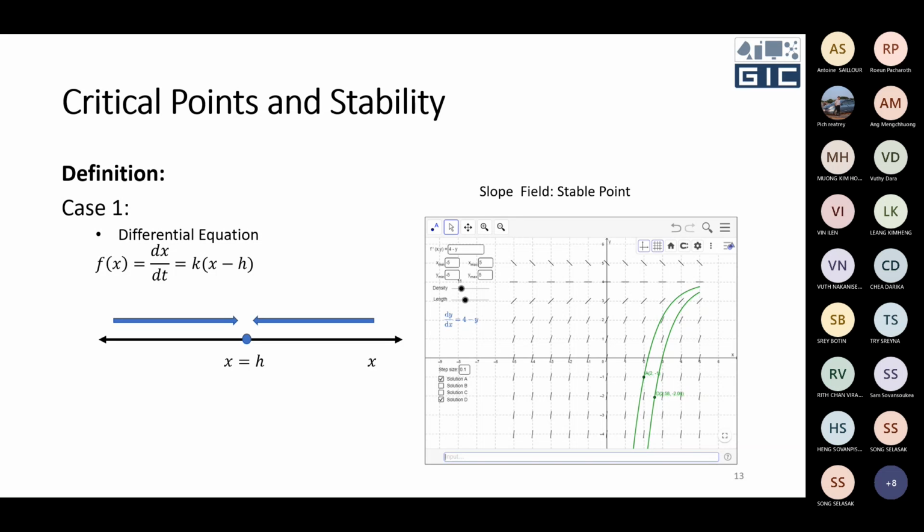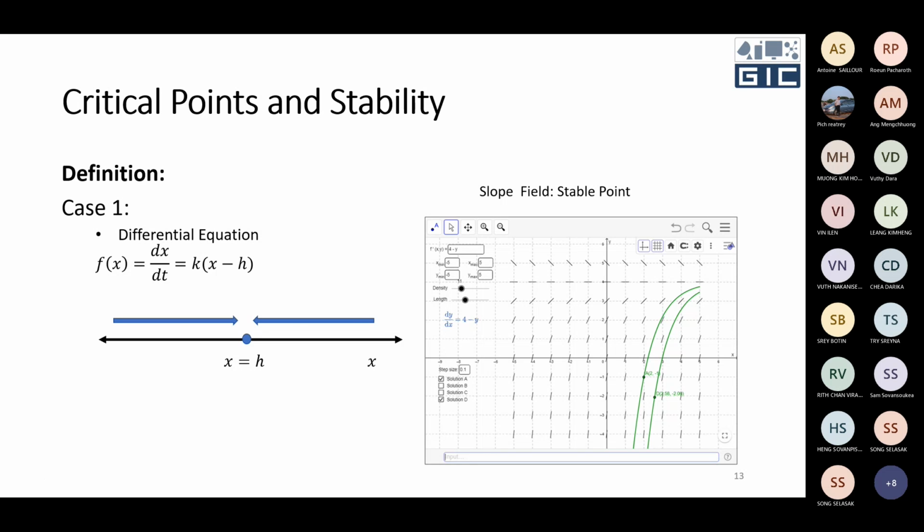When we talk about negative or positive, we will draw our phase diagram. So in this case, I draw this line and the other line to be a contrast to each other.